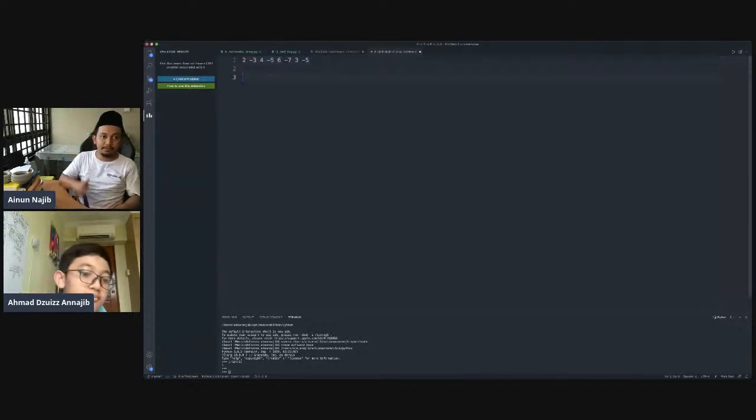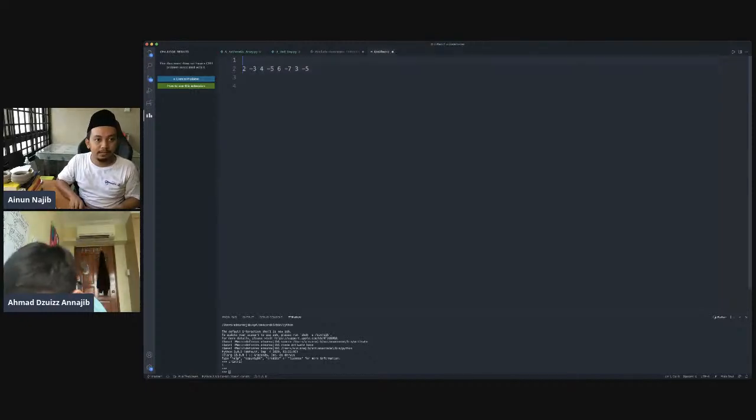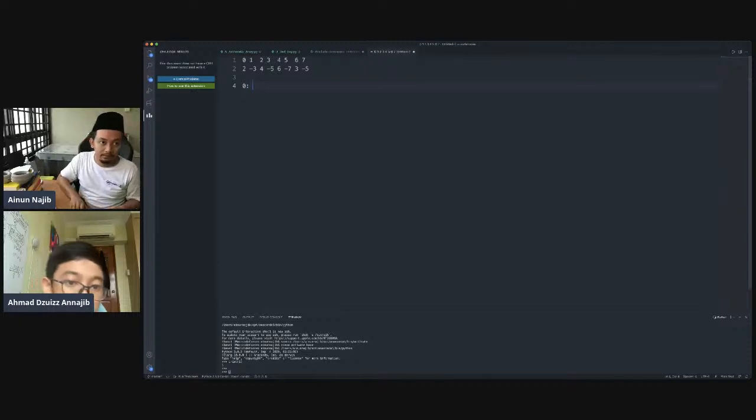Okay, so now first step. If I have to exit, let me just put a number here. So this is 0, 1, 2, 3, 4, 5, 6, 7. If I have to exit at 0, that is 2.